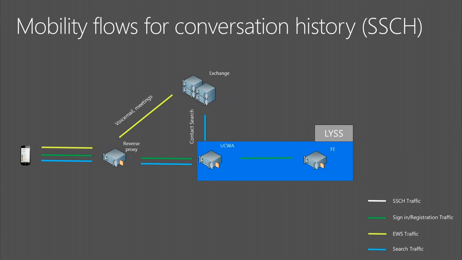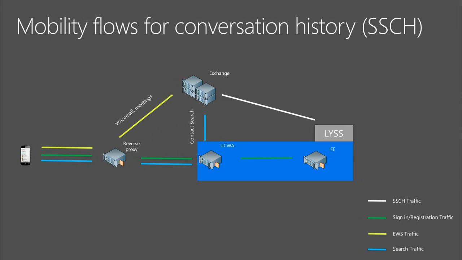It's also responsible for writing conversations to Exchange if you have Exchange archiving. But that's more like a storage service. It's still part of the Lync front-end server. So we are going to leverage that, and that's how the conversations will actually sync up. So it will be mobile app, reverse proxy, UCIVA, not front-end, but LIS, and then directly going to Exchange.